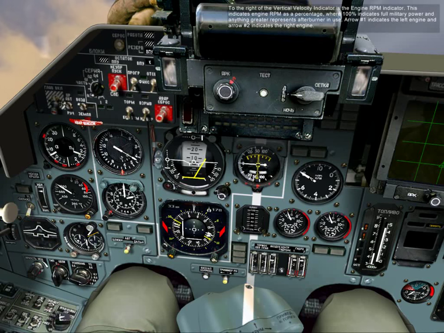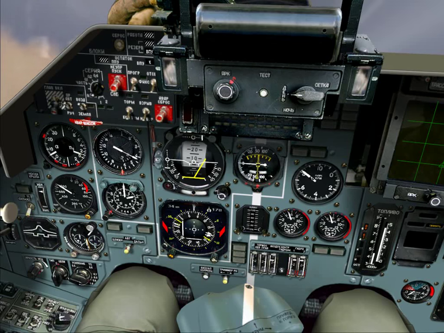To the right of the vertical velocity indicator is the engine RPM indicator. This indicates engine RPM as a percentage, where 100% indicates full military power, and anything greater represents afterburner in use. Arrow number 1 indicates the left engine, and arrow number 2 indicates the right engine.